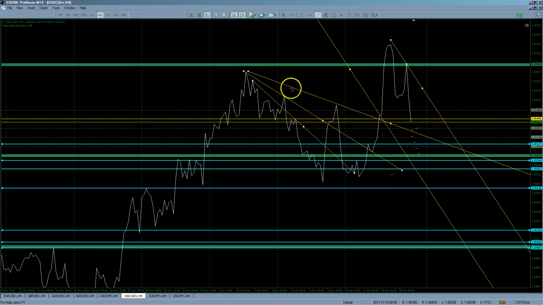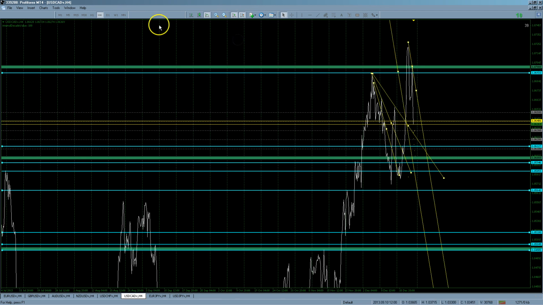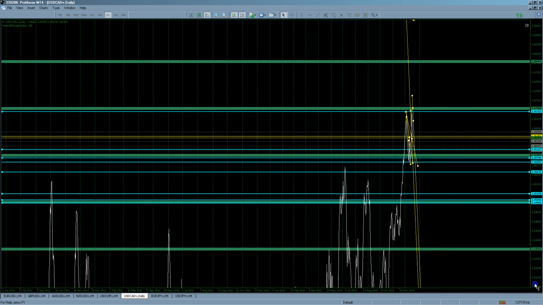Just a killer explosion there, starting off Sunday night, and then all the way up to chop off the peak of this thing, and then cut back through after we grab all those tickets. Let me zoom out to the bigger picture on the daily here, just to get some perspective.